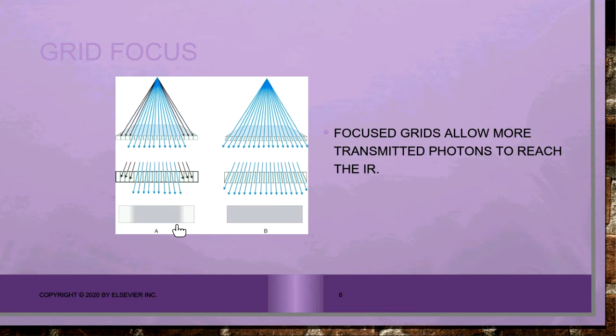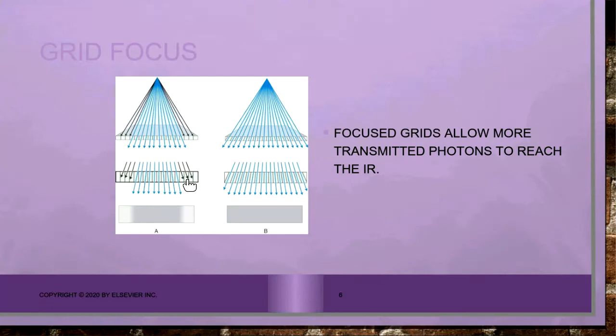Picture A here represents a parallel grid. What you can see is when the primary beam is sent out, all of these photons on the edge of the primary beam get absorbed in the lead lines, because once it diverges to a certain point, it intersects with the lead lines, so that you end up with exposure right here, but on the edges you have no exposure because all those photons were absorbed, transmitted or scattered.